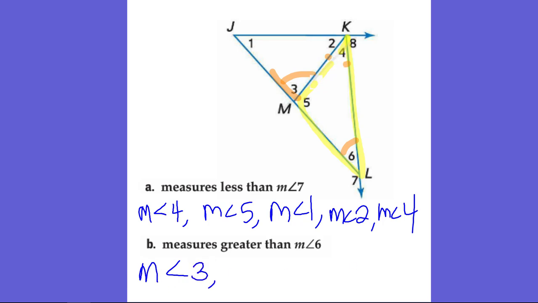And then angle 6 is also an interior angle for the whole big kahuna triangle, JKL. And so its exterior angle is angle 8.